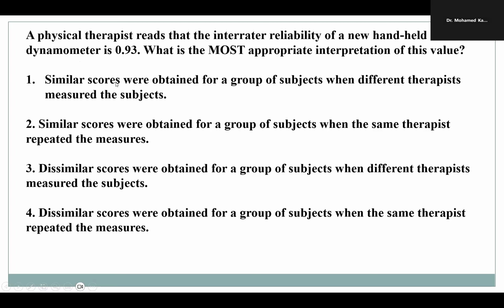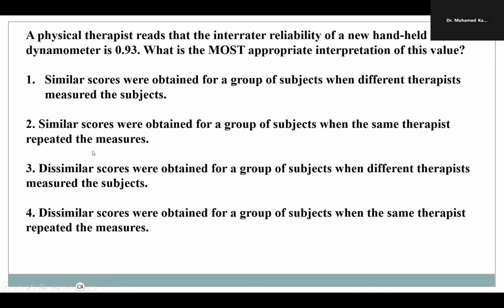Does it mean that similar scores were obtained for a group of subjects when different therapists measure the subjects? Might be. Similar scores were obtained for a group of subjects when the same therapist repeated the measures? No, because this is inter-rater reliability. Similar scores when different therapists measure? Yes, they are different therapists, I agree with that.